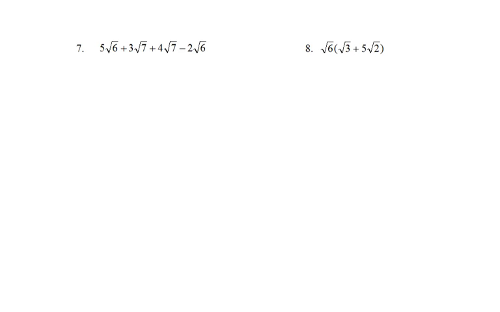So try number 7 by yourself. If you're not through, press pause. If you are through, you should have an answer that's rounded to 2 decimal places, 25.87.